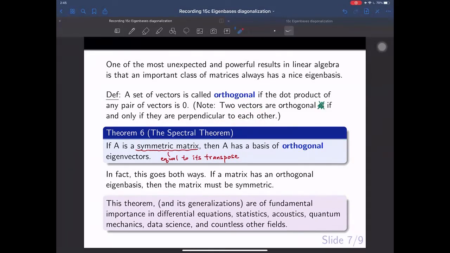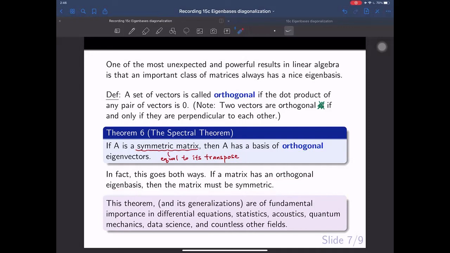Recall that a matrix is called symmetric if it is equal to its transpose. The theorem says that if A is a symmetric matrix, then A has a basis of orthogonal eigenvectors. This goes the other way. If a matrix has an orthogonal eigenbasis, then the matrix must be symmetric.